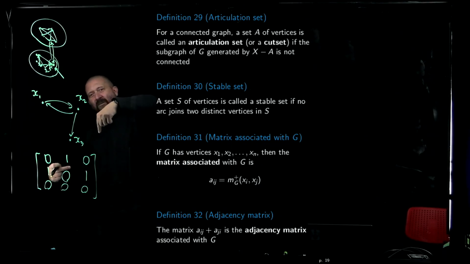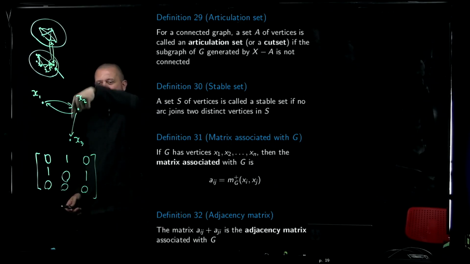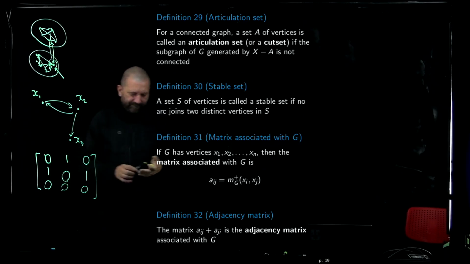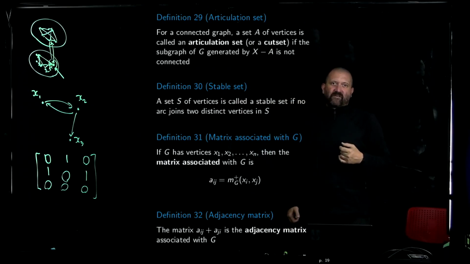So this is a matrix that describes outgoing arcs, but as you can guess, we can look at it the other way and see incoming arcs, because I can take this column here and think about arcs arriving at x2. Okay? And this is what we call the adjacency matrix. And we'll come back to that.